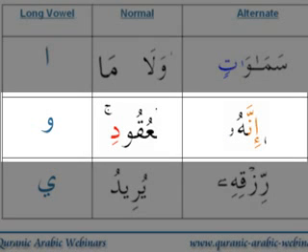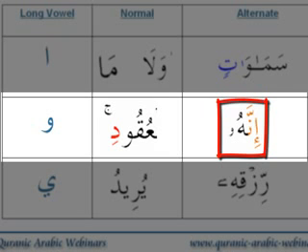The next one is the long vowel wow. So here we have in the normal column the qaf with dhamma and wow. So the wow there is acting as the long vowel. So that's qu, too long. And in the alternate column, you'll see we've got inna, hu. Hu is too long.